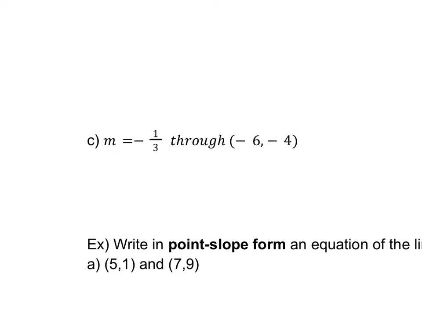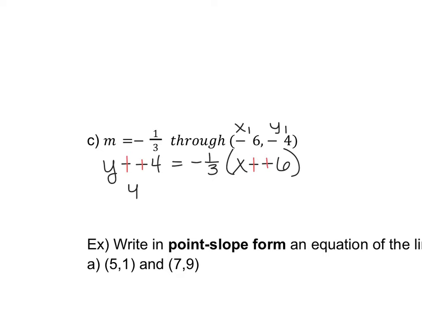Okay, here's another one. I forgot to label almost, x1, y1. So I have y, 2 negatives, 3 negatives, wow, okay. So y minus negative 4, don't forget it's minus negative, equals negative 1/3 parentheses x minus negative 6. Okay, I'm going to clean this up a little bit and make these plus positives because that's what I like to do.